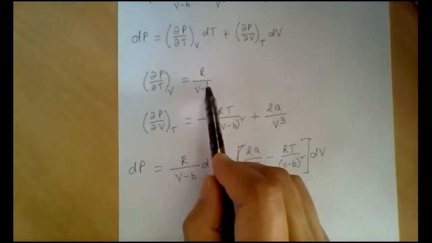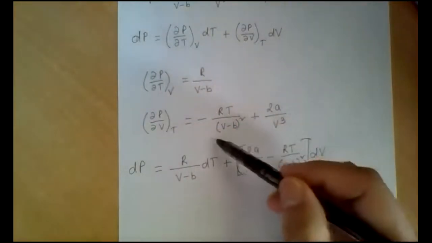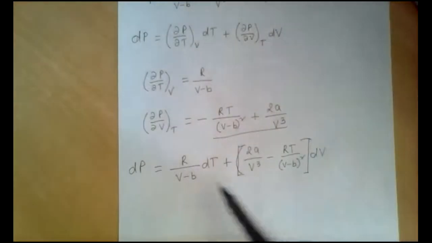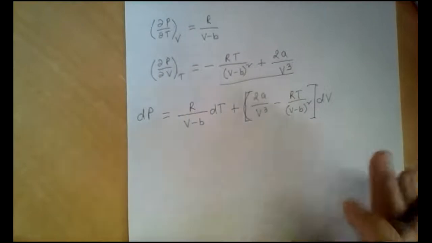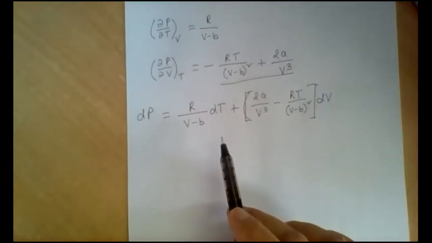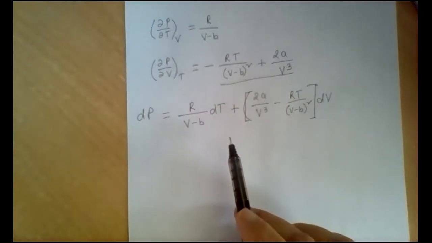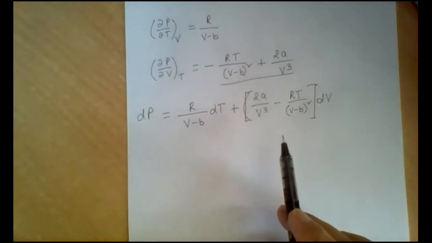So I have substituted this value here and this value here, and I have obtained this expression. This is the total differential of pressure given by the van der Waals equation.